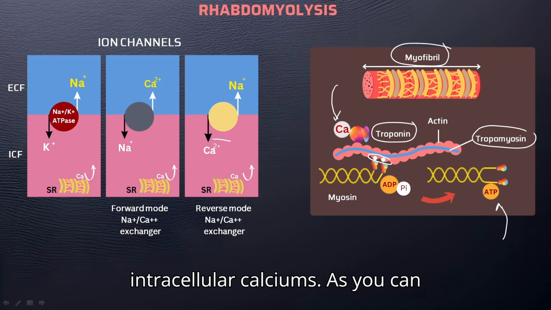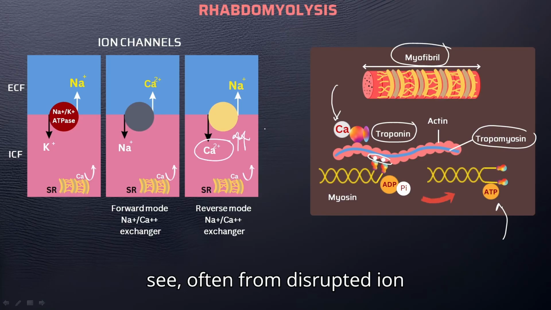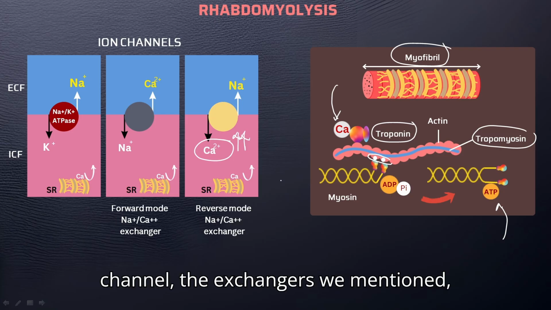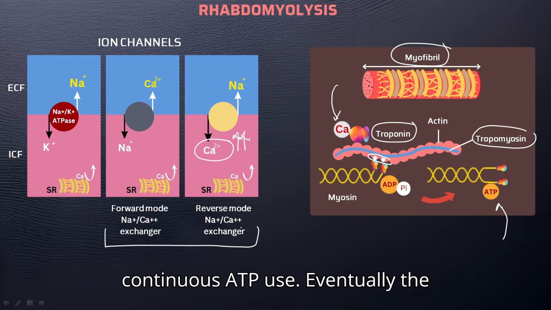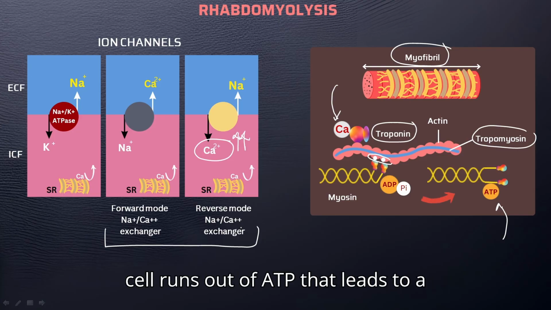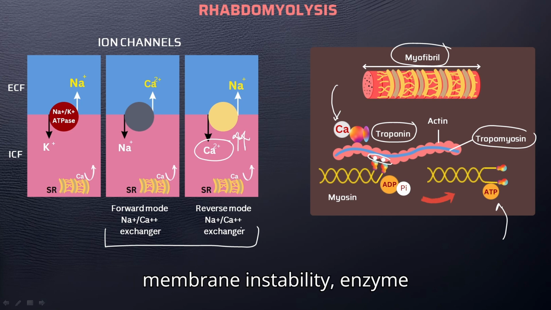Excessive intracellular calciums, as you can see, often from disrupted ion channels or the exchangers we mentioned, sodium calcium exchangers, trigger a continuous ATP use. Eventually, the cell runs out of ATP. That leads to membrane instability, enzyme activation, and even cell death.